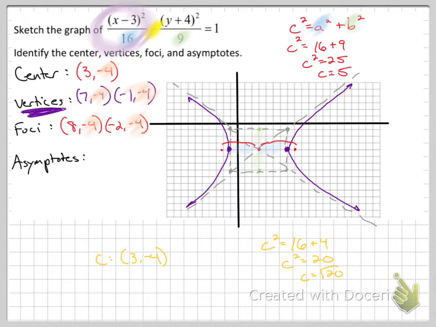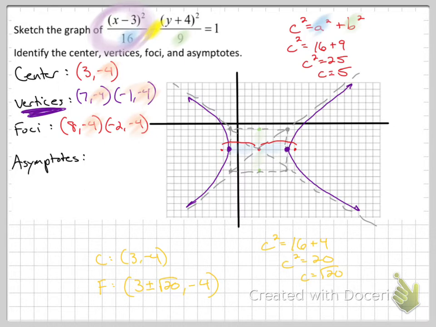Because it's horizontal transverse for this problem. So my foci would look like this: 3 plus or minus root 20, comma, -4. Because I can't actually do that math, but I would go root 20 to the right, which is adding root 20, and then root 20 to the left, which is subtracting root 20, and that's what my answer would look like. But this one worked out. I just wanted to do that as an example.